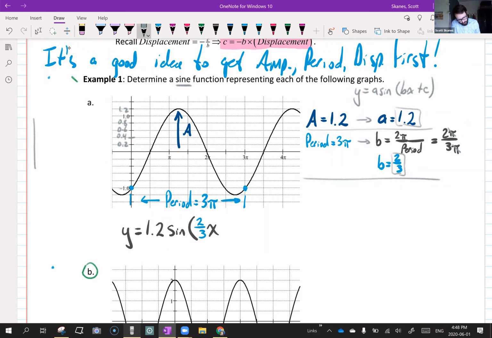It all starts with knowing what the sine function is supposed to look like. So sine is supposed to look like this. And sine is supposed to have a y-intercept. Sorry, let me move this over. Sine is supposed to intercept right here, okay?